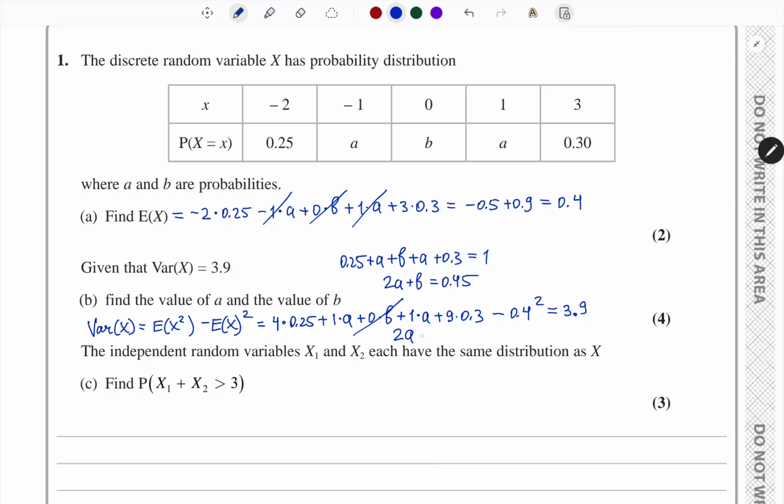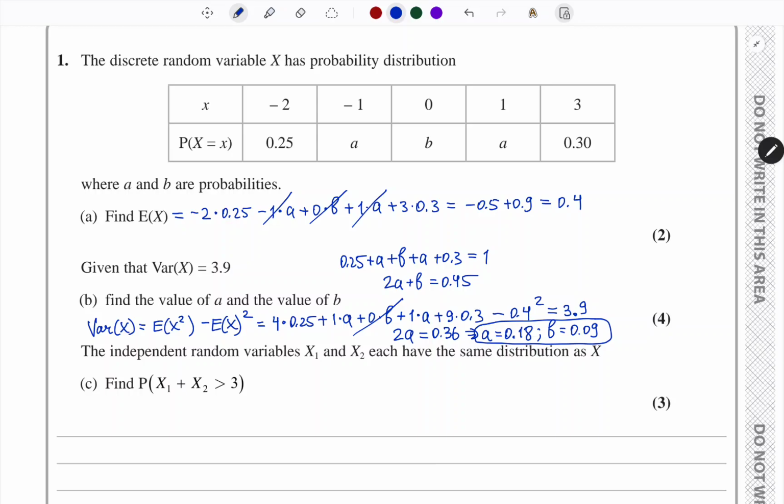So 2a is equal to, so everything must be moved to the other side. Let me use my calculator. It's 0.36, so a is equal to 0.18 then. So which automatically means that b is equal to, so you put it here, 0.09. So here are the two values, a and b, they asked about.